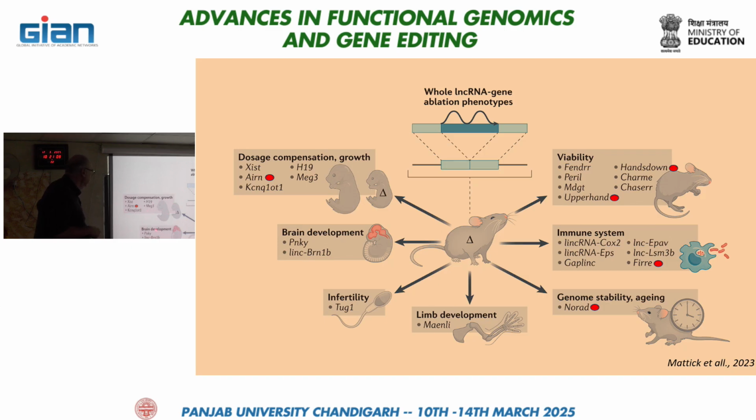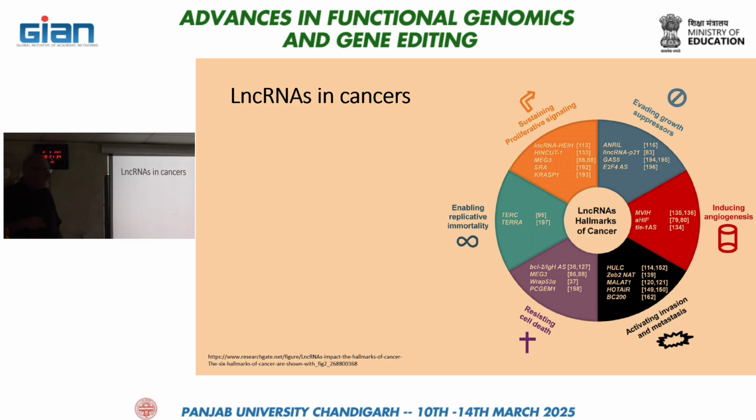You can see difficulties in brain development, dosage compensation and growth, and in all cases there is no process that is not controlled by long non-coding RNAs. The red dots mark the names where we described the mechanism directly during this lecture.